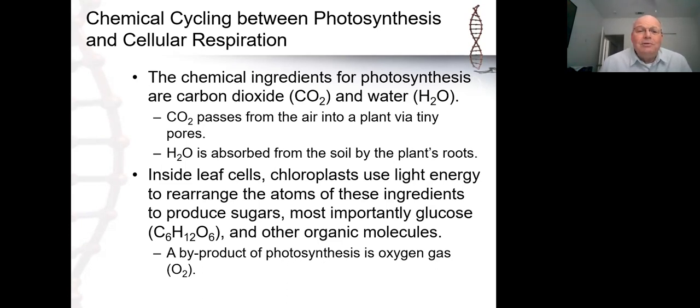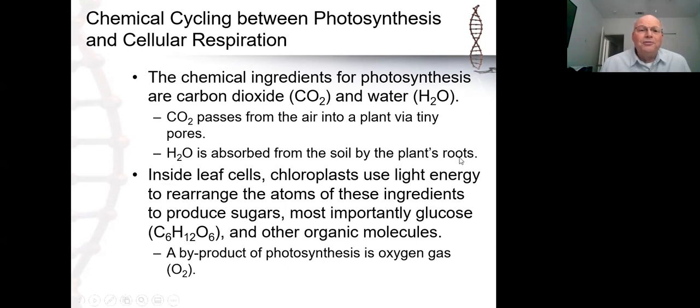And out of that emerges carbon dioxide and water as the byproducts, the chemical byproducts of cell respiration, which you should recognize as being the raw materials for photosynthesis. So there is this chemical cycling between cell respiration and photosynthesis. So we see another connection between producers and consumers, or between photoautotrophs and heterotrophs.